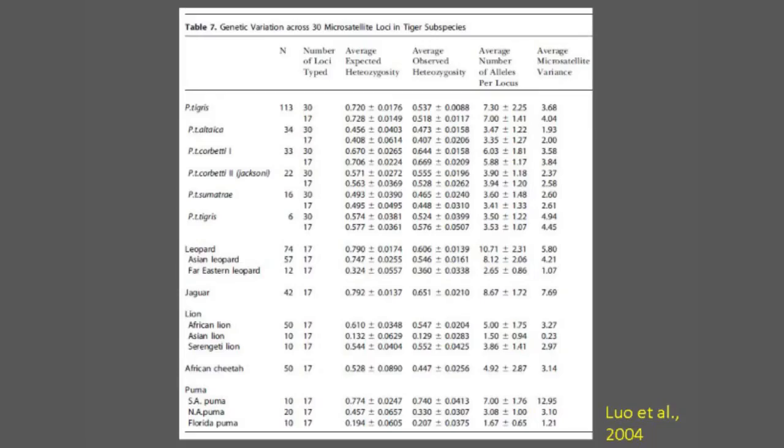And we will come back to that in the second lecture, because there was a quite interesting conservation project where they genetically had to rescue the very strongly inbred Florida puma. So it's known that this individual is very strongly inbred. So this is also the type of information you can get out of microsatellite data.